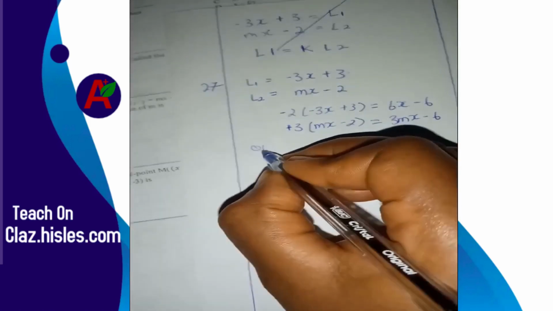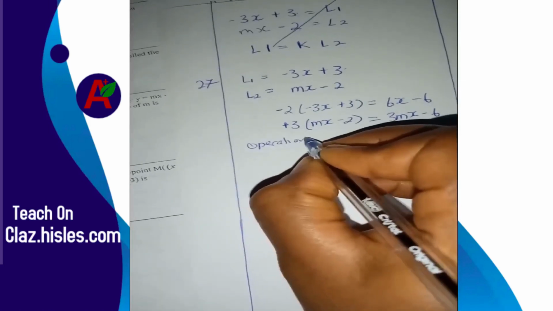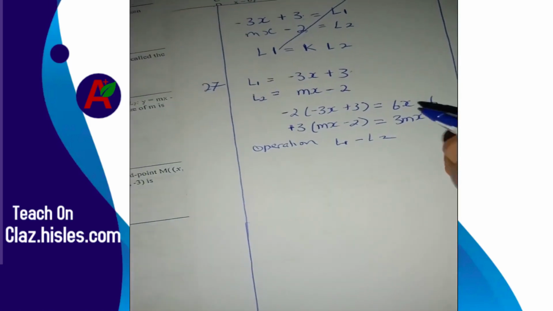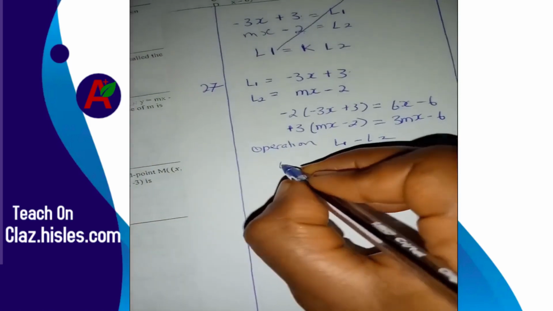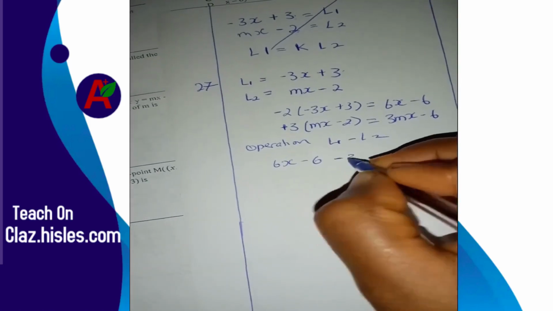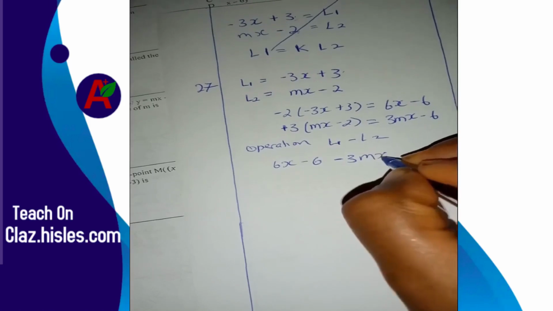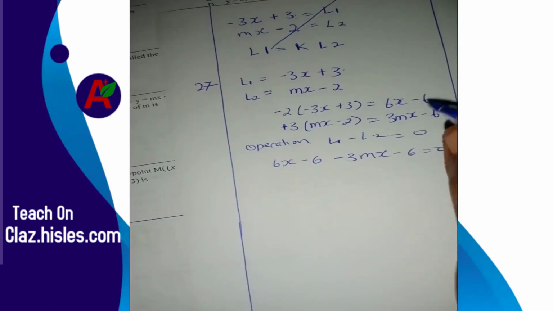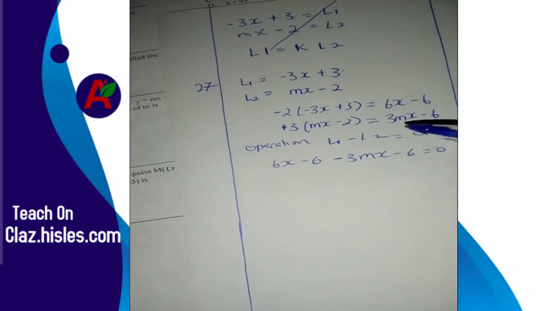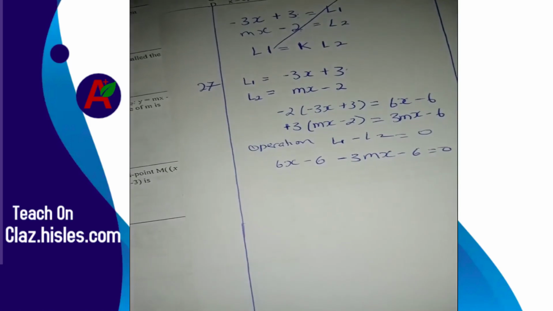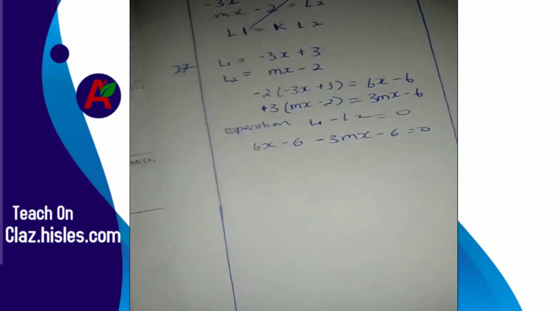Simultaneously, our operation now is to subtract L1 from L2. So that will be 6x minus 6 minus 3mx minus 6 will give us 0. Since we have made both lines equal, whether we subtract the first line from the second line or the second line from the first line, we're going to have 0 because the two lines are equal.